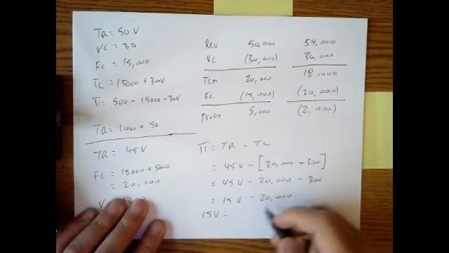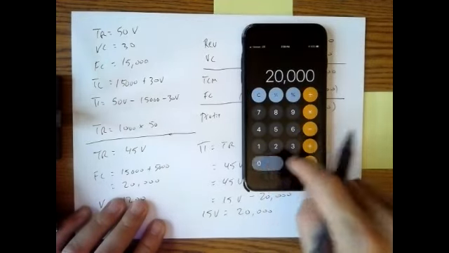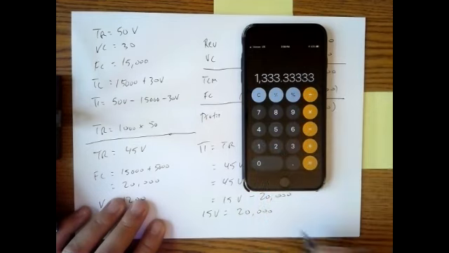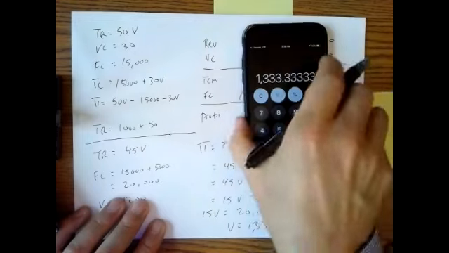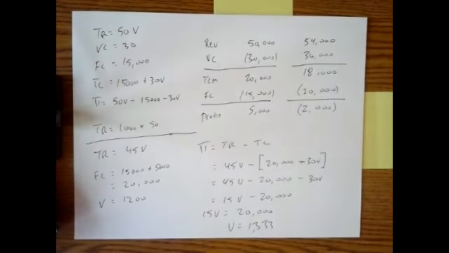We get 15V equals 20,000. And so we just need to divide both sides by 15. And we get volume would have to get up to 1333 in order to break even under the practice manager's proposal.